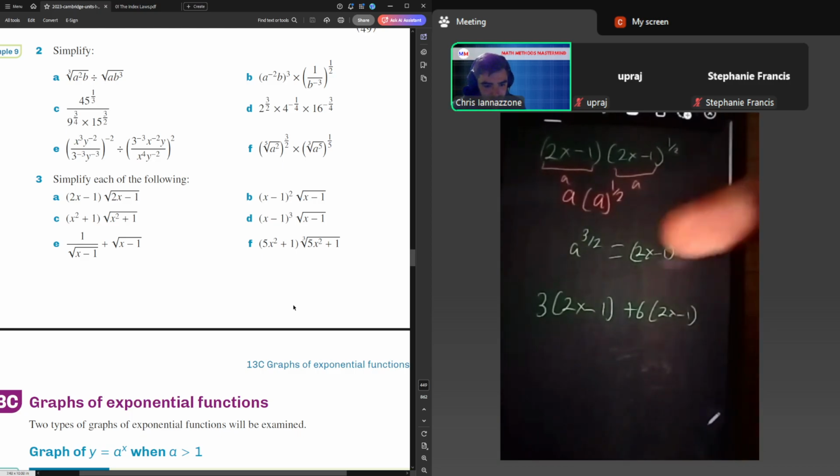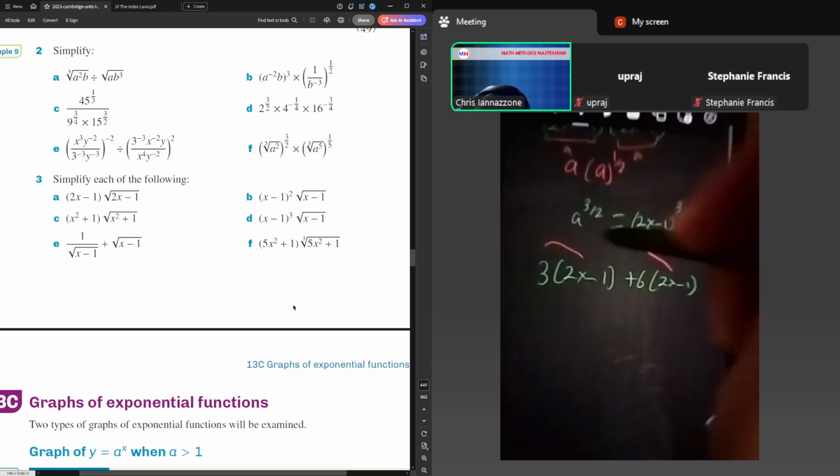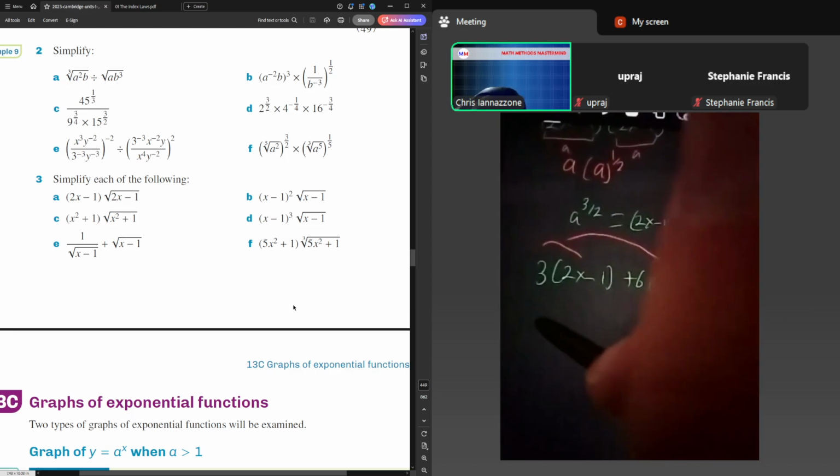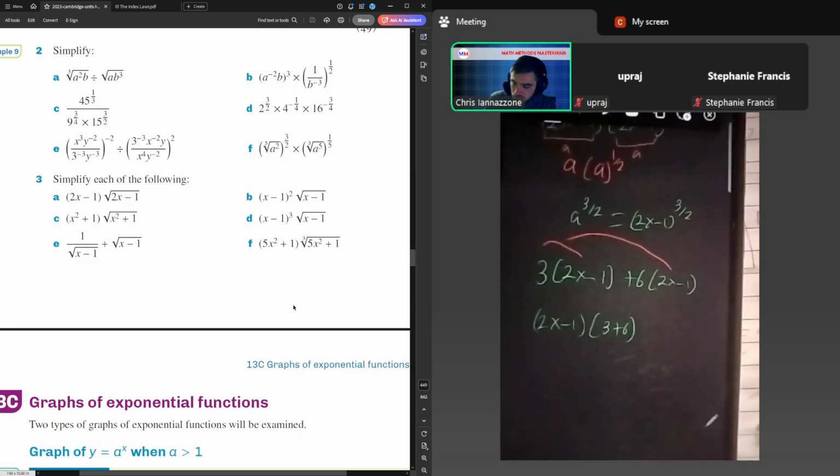You've got a common factor of 2x minus 1, which can be brought out the front. And then of course you'll have 3 and 6 left, and so on to simplify that. Exact same idea.